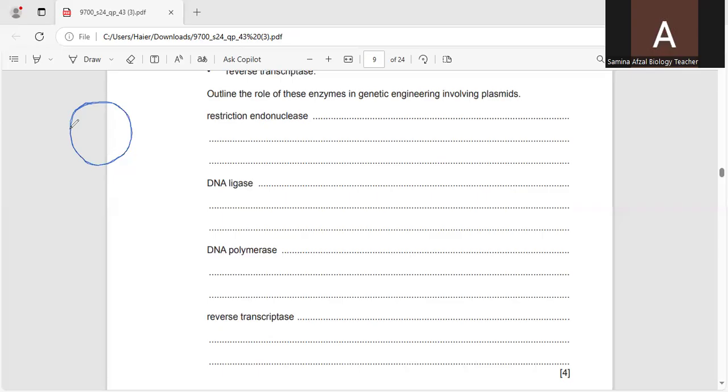So this enzyme will be used to cut the DNA or the plasmid at a specific site. Specific site means the genes which are required for that purpose, or you can say the restriction site.